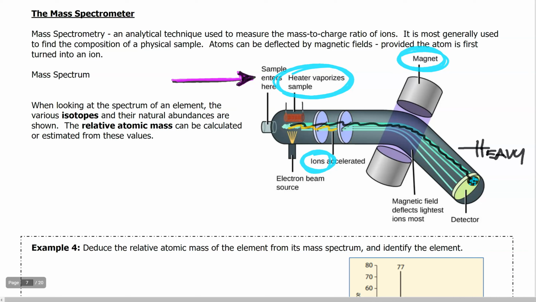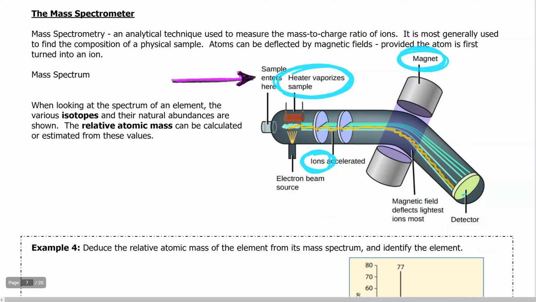The lighter particle would go through, but when it gets here, it would be deflected a lot more, because the lighter particle is easier to move. So it says right here it deflects the lightest ions the most, and then they would be hitting down here and the machine would be getting detections there. It basically tabulates all this data and spits out what's called a mass spectrum.